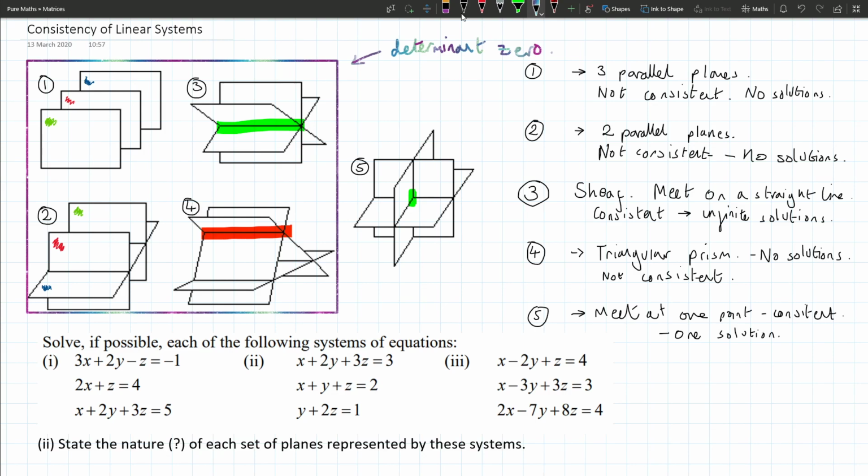These would all have a determinant of 0. So all matrices that would represent sets of equations organized like this, even for number 3, which does have infinite solutions, would give you a determinant of 0.